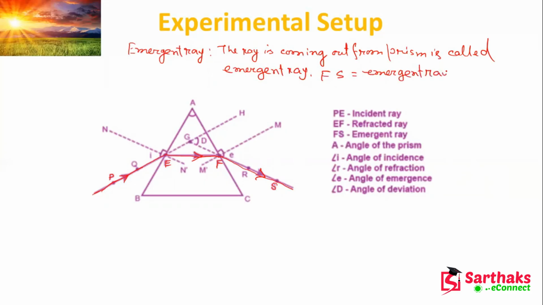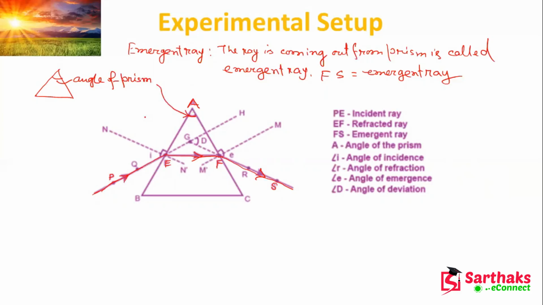Now, in this prism, this angle A is called the angle of prism. That means if you have this type of prism, this angle is called the angle of prism.